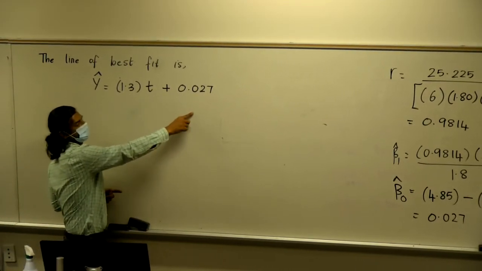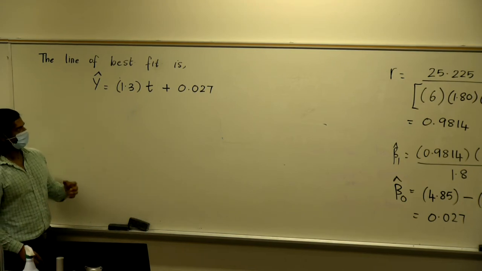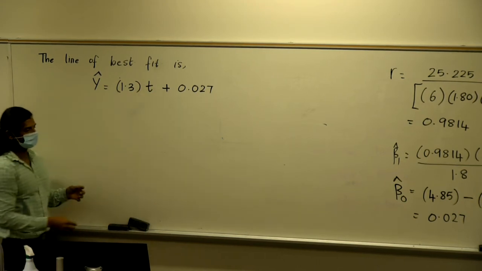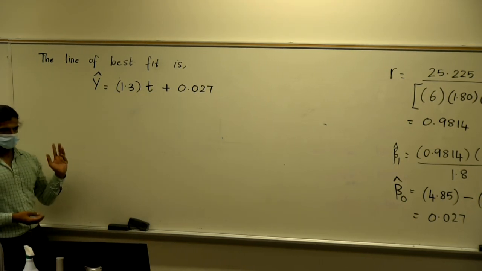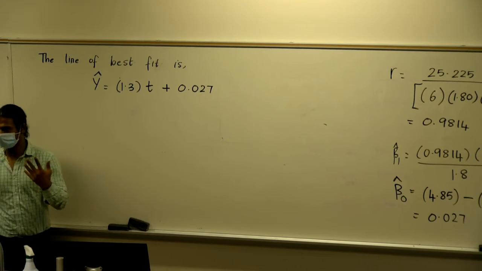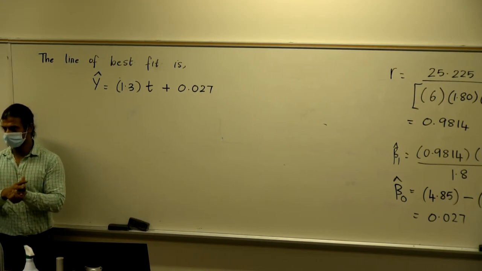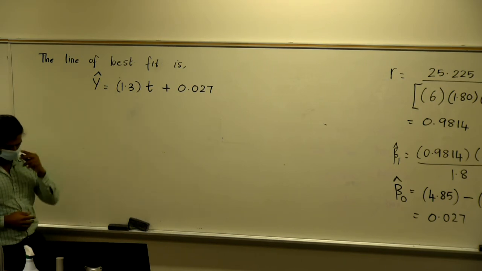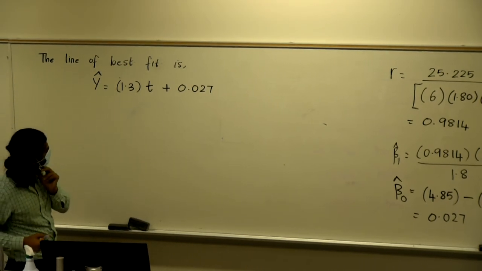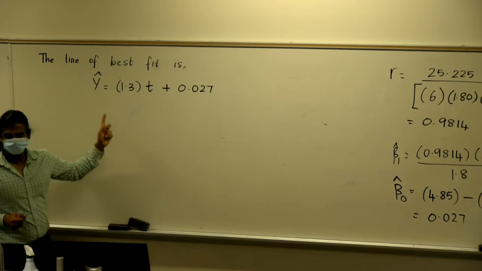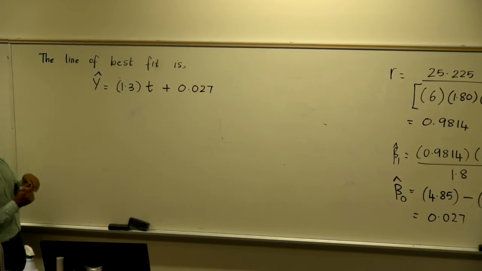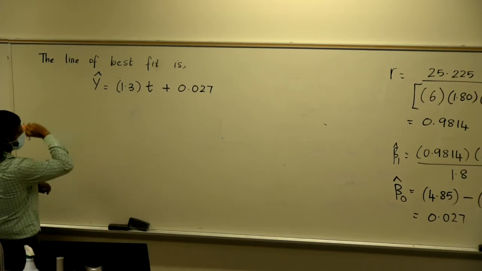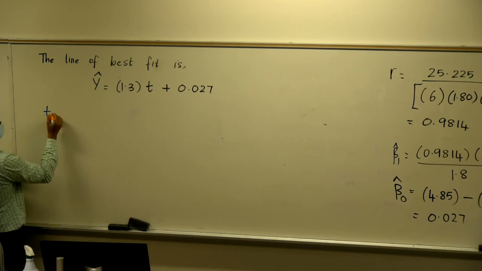So these are just estimated values. So whatever t I plug in and whatever y value I get is also an estimate. It is not written in stone. So that's why we put a hat up there. With me? Okay. So that is our line of best fit.